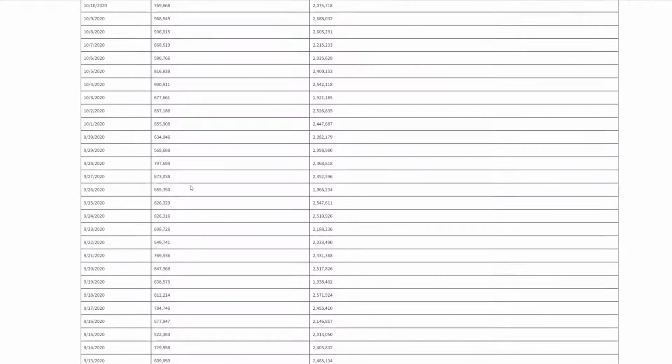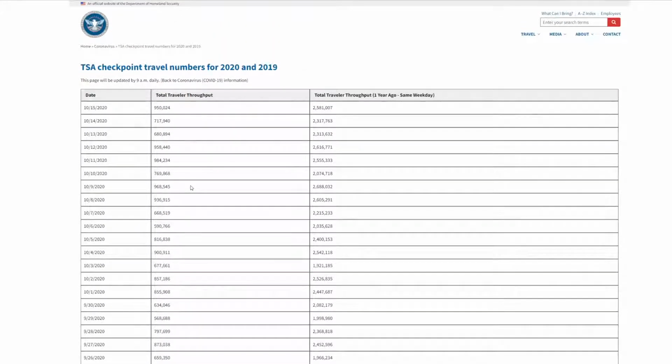We started hitting better numbers as of late, which is good for the economy. It's good for the airlines. But we're way, way, way below where we should be. Okay. At this rate of improvement, it's going to take us at least a year, if not 2 years, to recover.